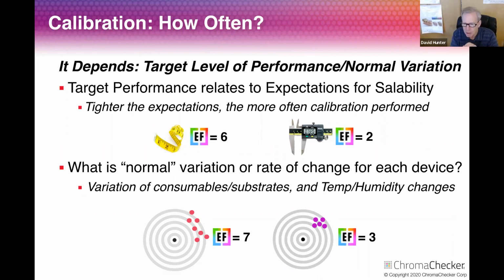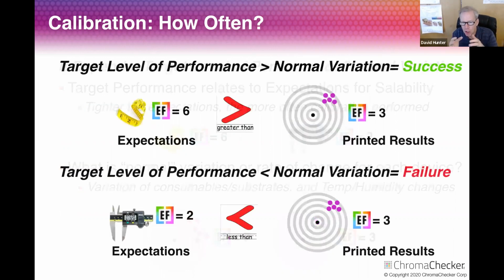So each printer, each measurement device, each expectation is different. And what we do is we merge these together. So if your expectations are a 6 and your device is a 3, you have success. It will meet your expectations.